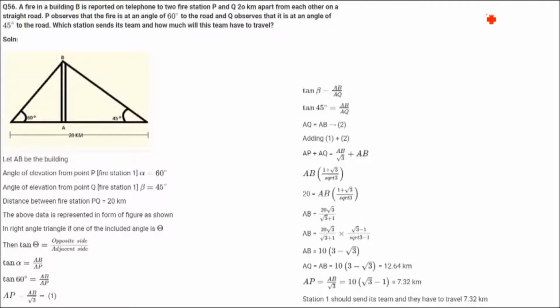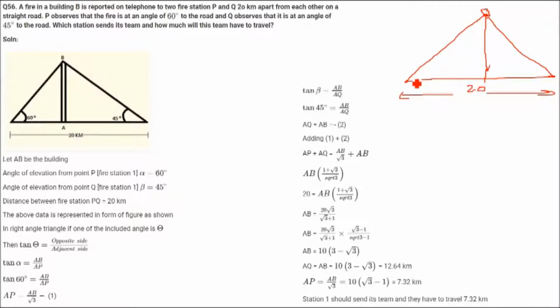So the scenario here is there is a fire on the top of a building. Say here fire is. Now there are two fire stations, and they are 20 kilometers apart from here to here. One sees the angle of elevation of that fire to be 60 degree, and the other one 45 degree.